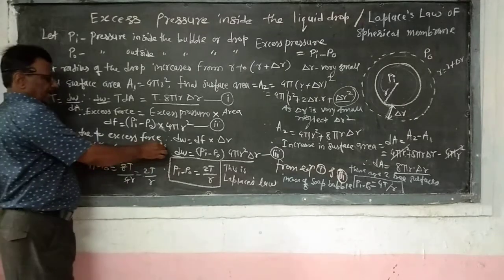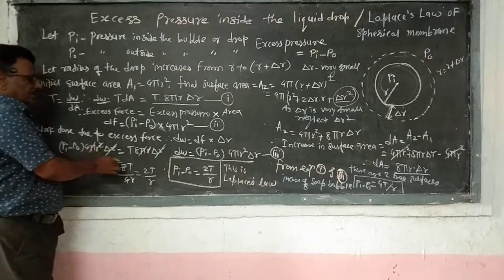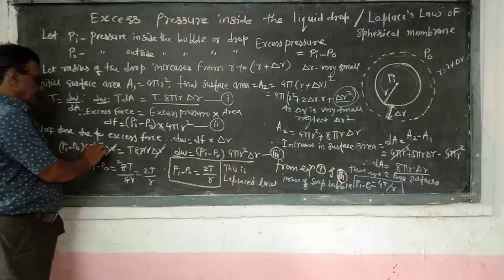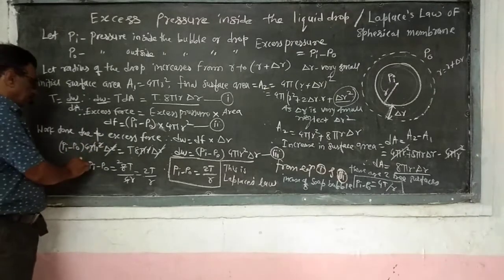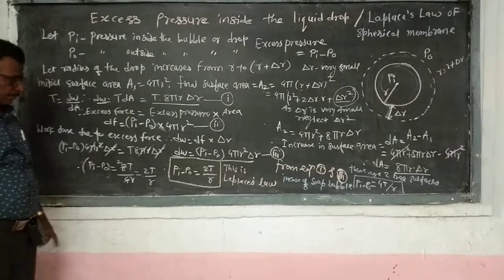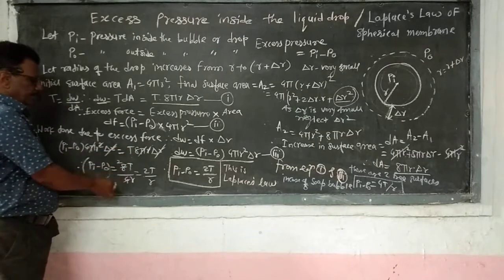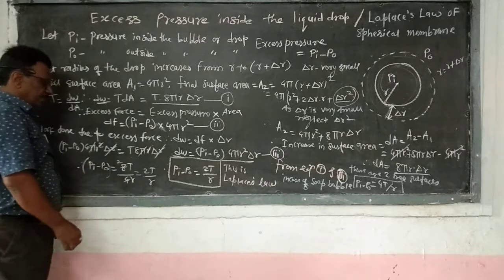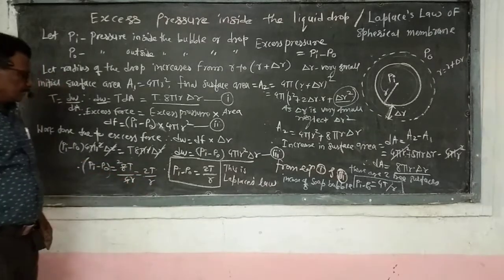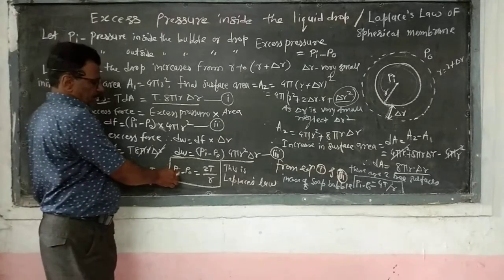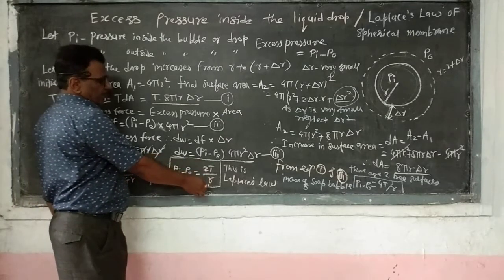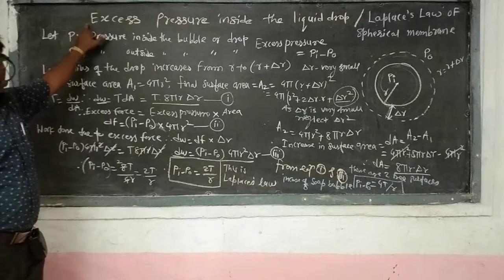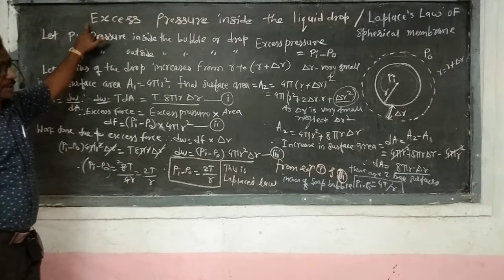Here delta r gets cancelled, pi gets cancelled, and one r gets cancelled with r square, so a single r remains. Now the excess pressure Pi minus P0 is 8 divided by 4 into T upon r, which is equal to 2T upon r. So the excess pressure Pi minus P0 is equal to 2T upon r. This is also called Laplace law, and this is the equation for excess pressure inside a liquid drop.